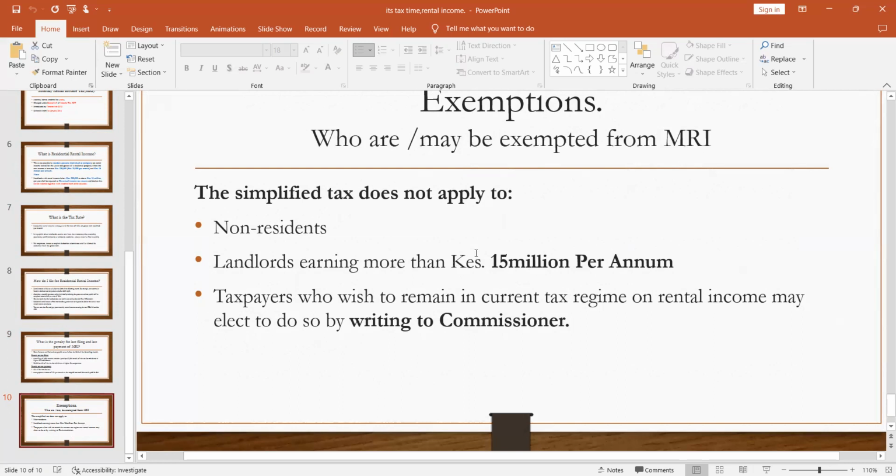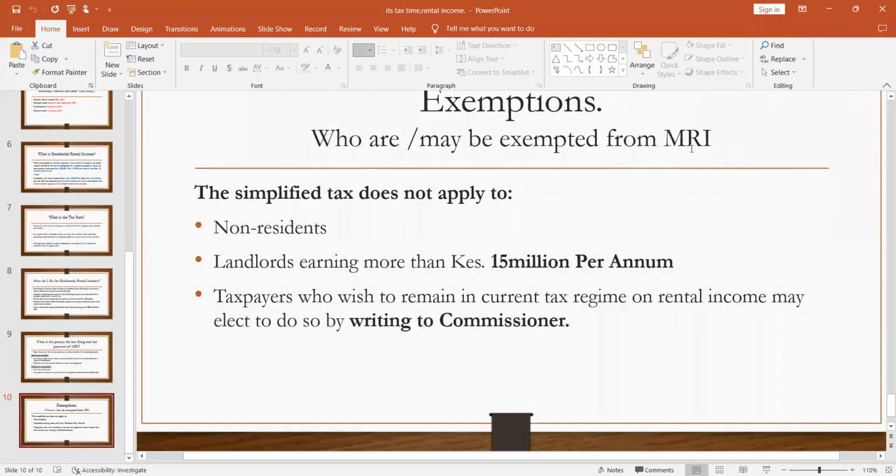So if you don't want to be put under this bracket, and for example you already have earnings between 288,000 and 15 million, you write to the commissioner, and by the power bestowed on the commissioner, they are able to allow one not to apply under monthly rental income. But if you earn more or less than that, you don't have to belong to this tax.